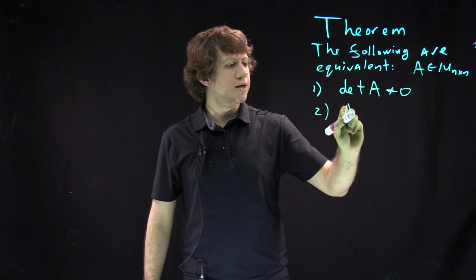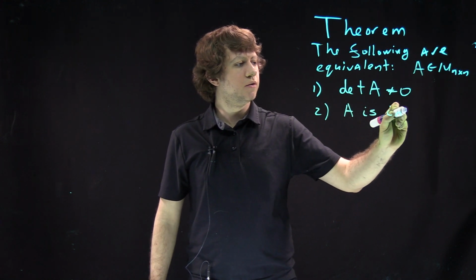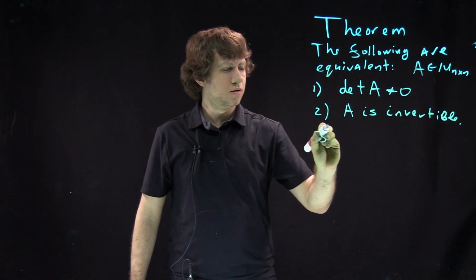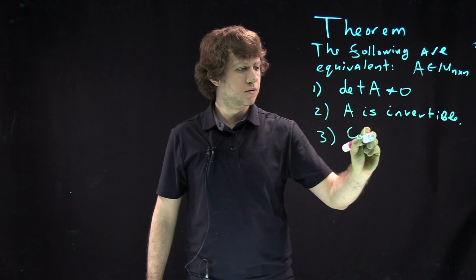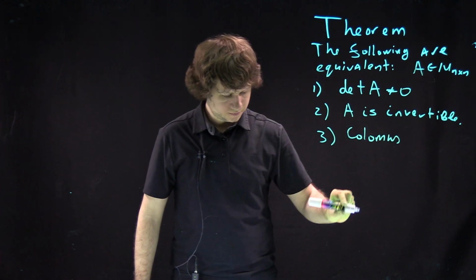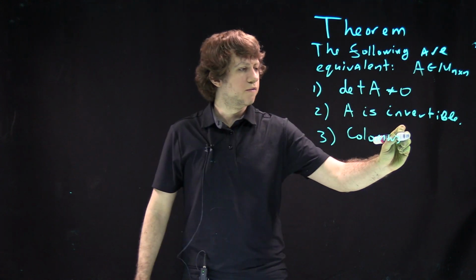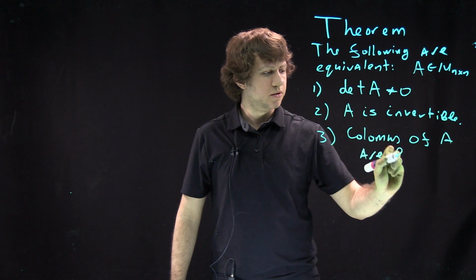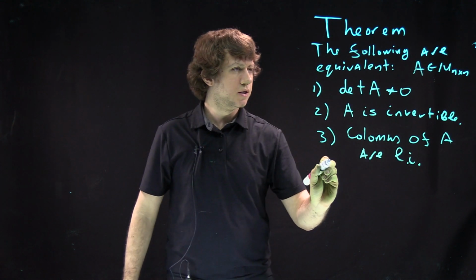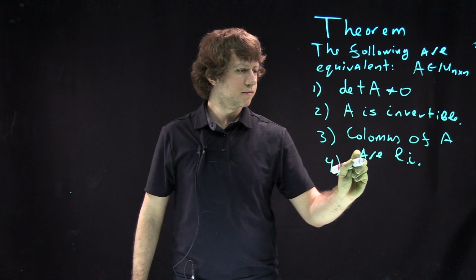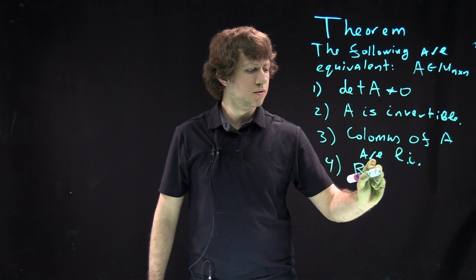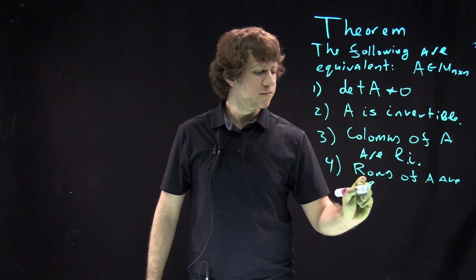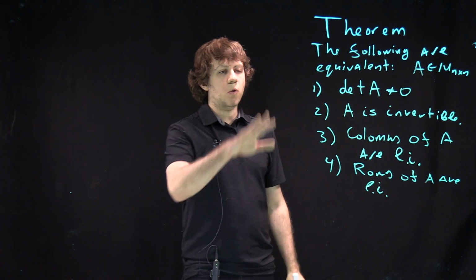The second is A is invertible. Third is the columns of A are linearly independent as vectors in Fn, and 4 is the rows of A are linearly independent. So these are all the same thing.